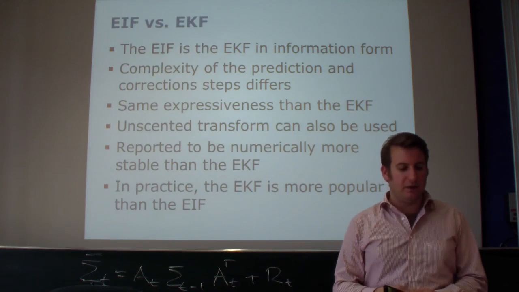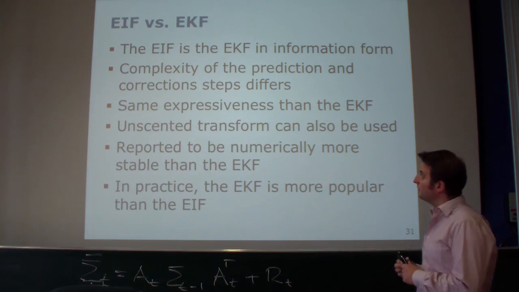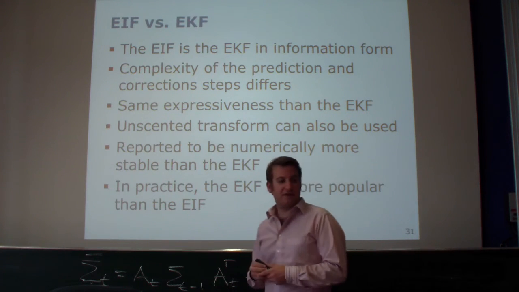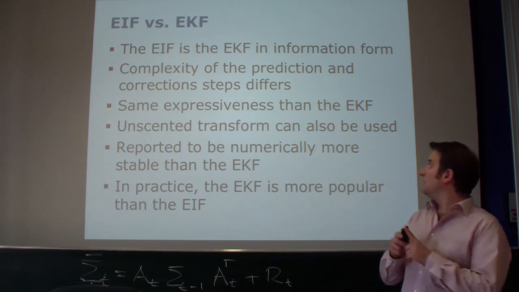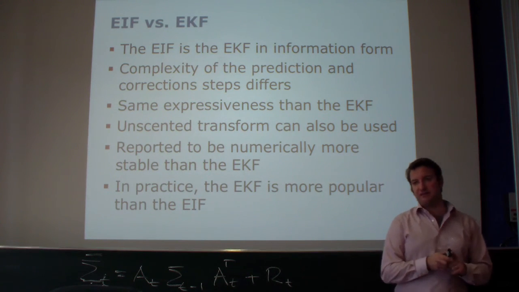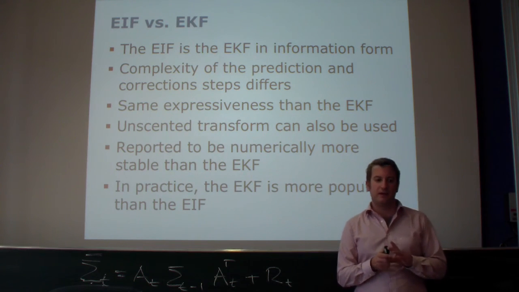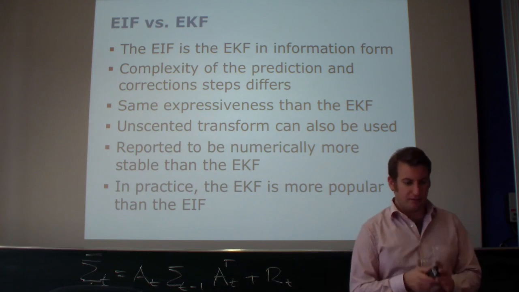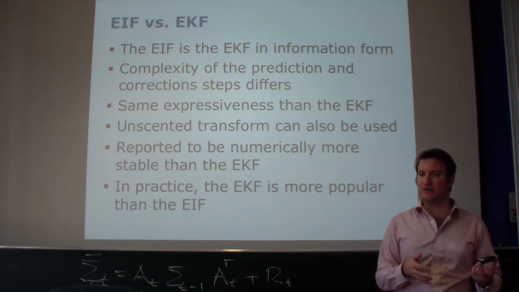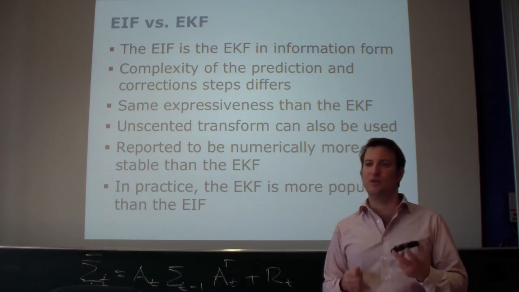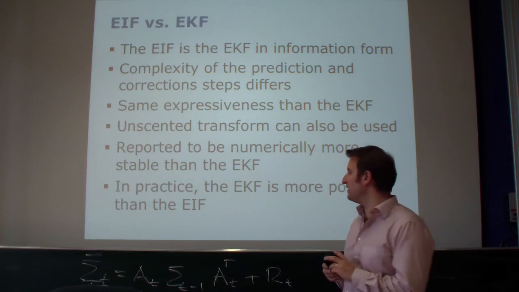So if we look at the EKF versus the extended information filter, I said the EIF is the EKF in information form. What one can do efficiently is slow for the other one, and the other way around. The question is, do we gain anything?